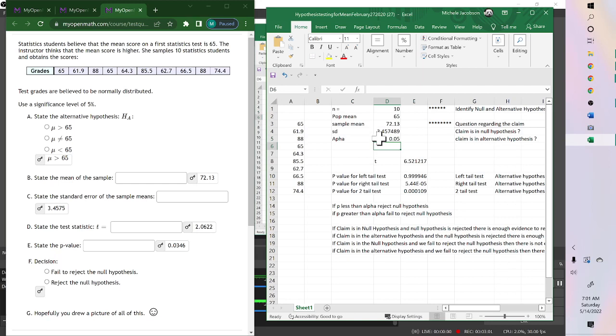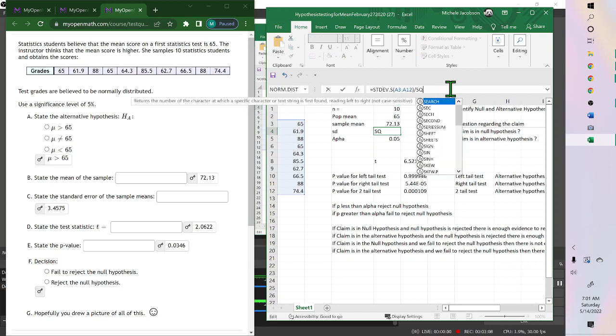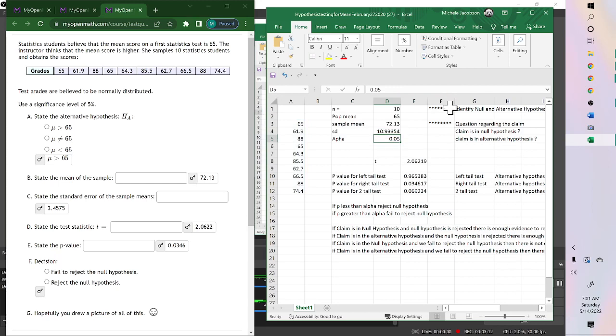Now, we should have just put standard deviation here. To find standard error, so this one's standard deviation.